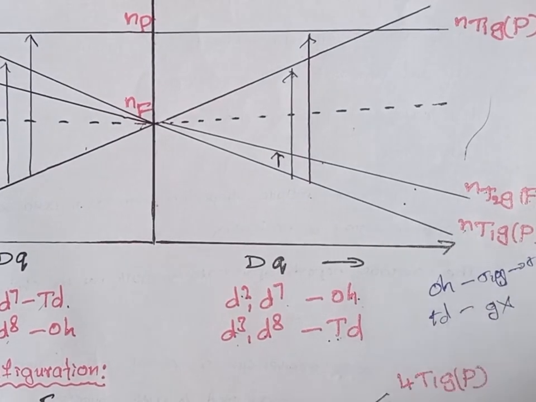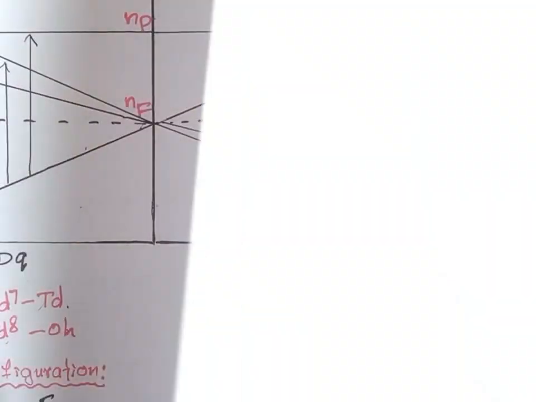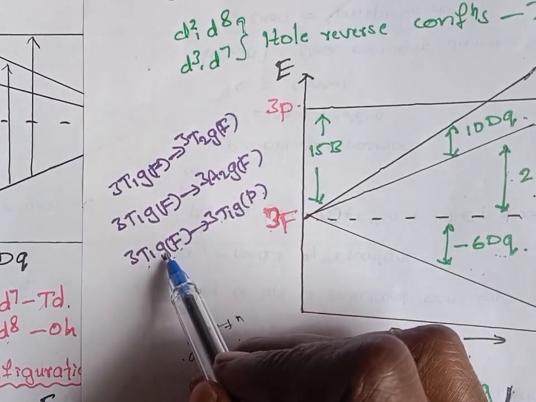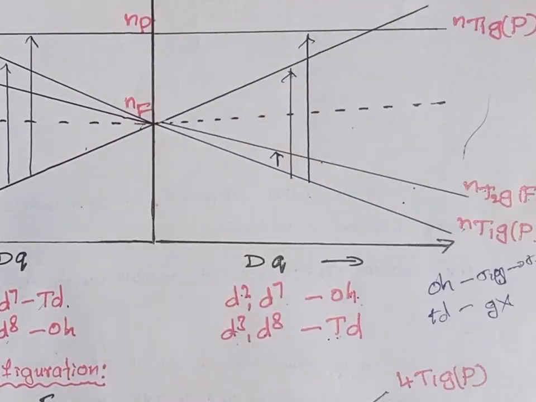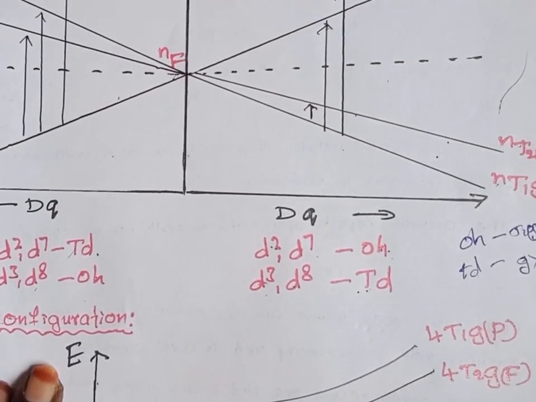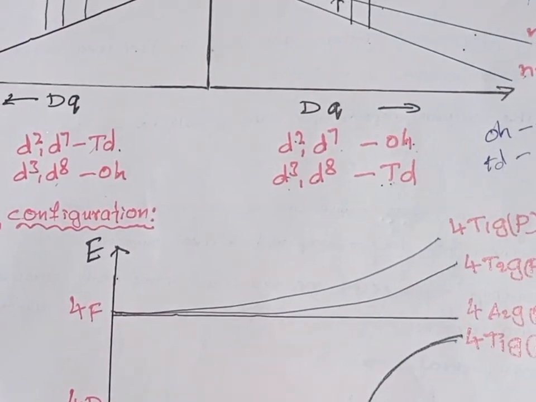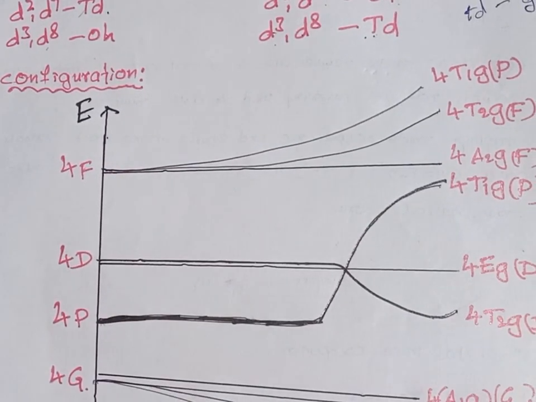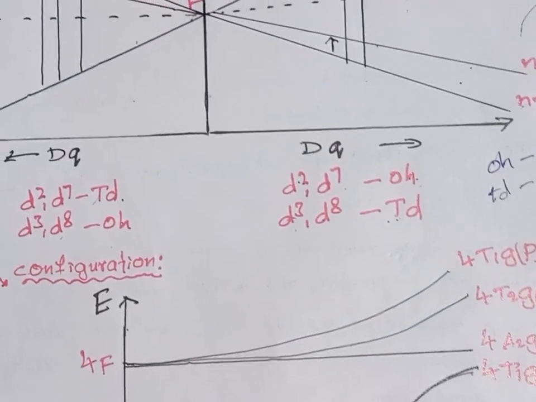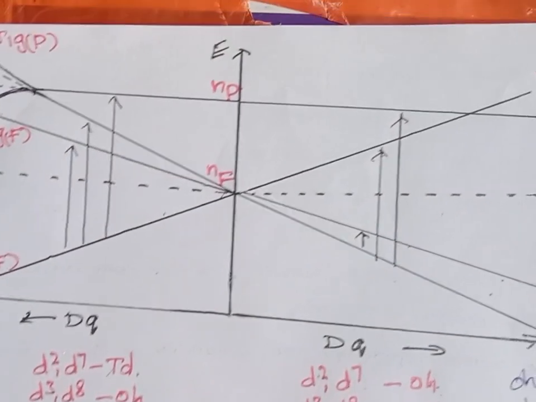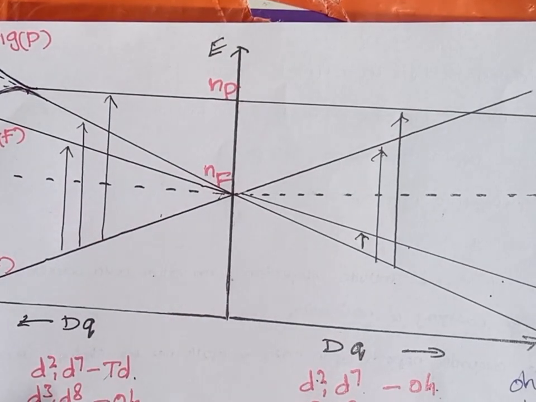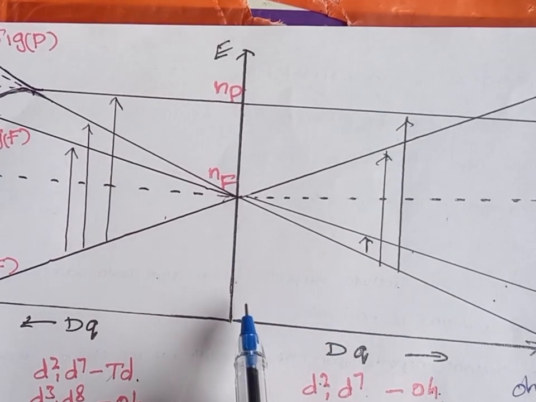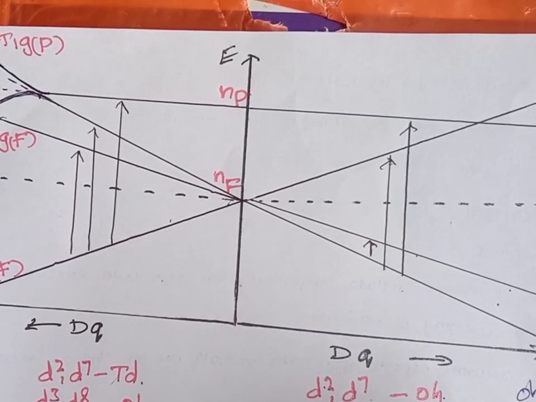So when writing transitions like T1F to T1P, we should not add the G subscript. Okay. In coming videos, I will discuss several octahedral complexes and several tetrahedral complexes and write the electron transitions. So this is about the D2, D7, D3, D8 electron configurations' Orgel diagram.